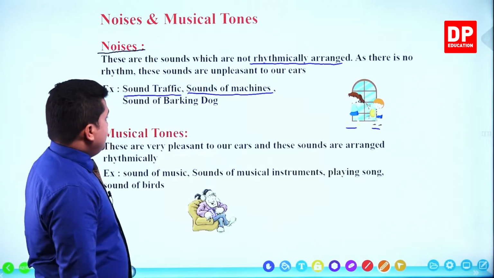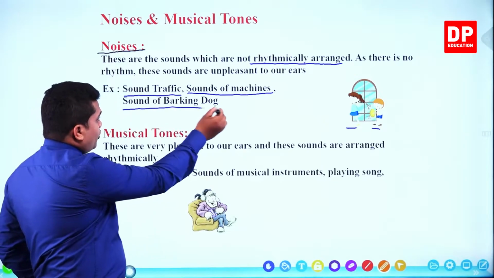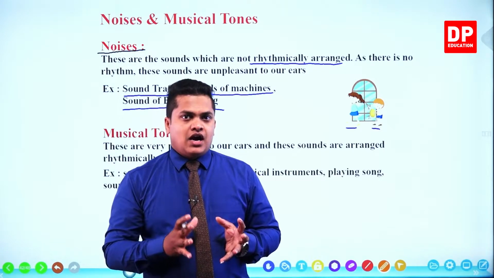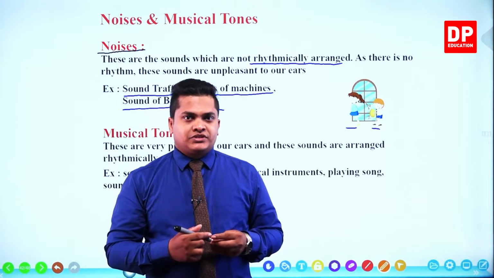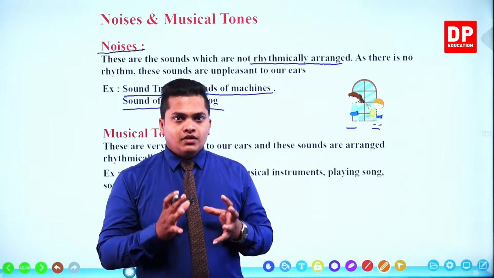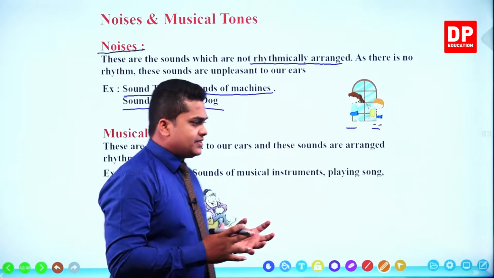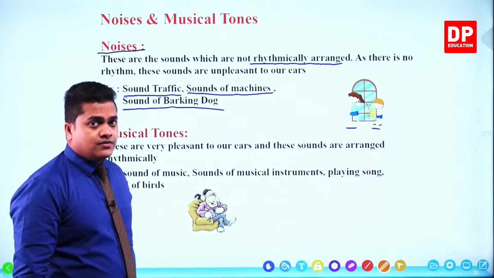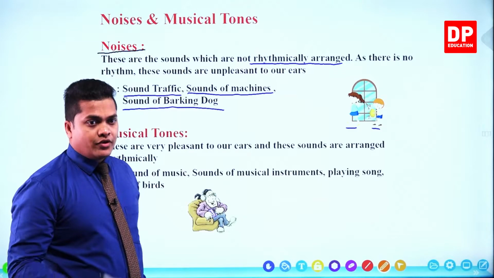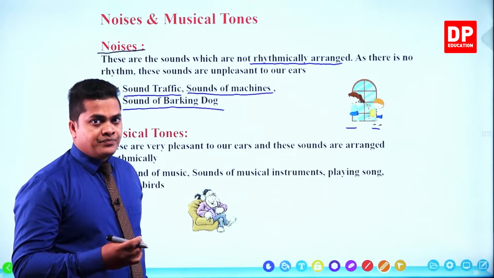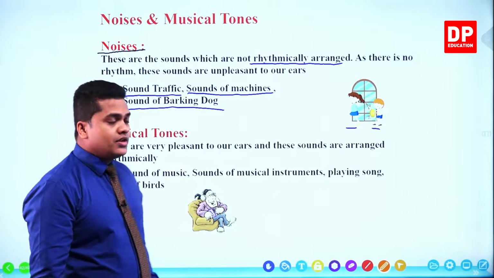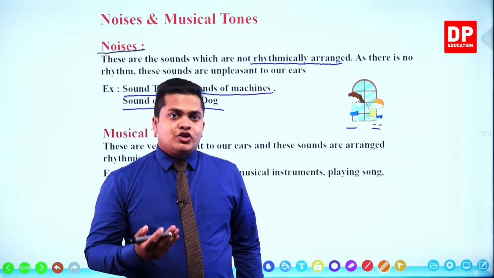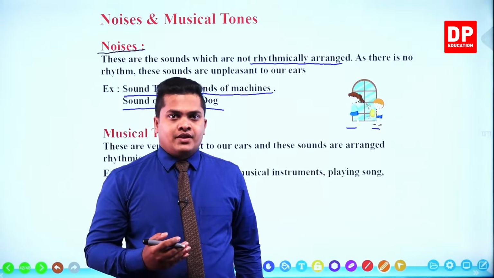Then the sound of a barking dog. Now, the earlier things that we have discussed are artificial, no? Now we are discussing an example, the sound of a barking dog. The sound of a barking dog is a natural thing. You know that a dog is a natural living being.